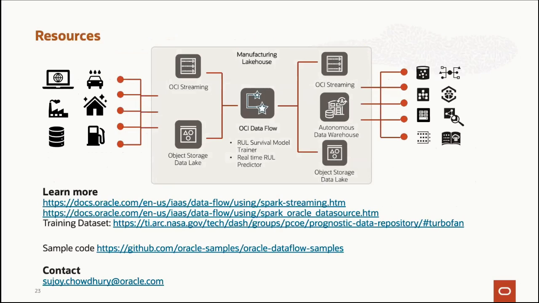We had a few questions on Data Flow and Golden Gate that I would like to touch first. So you have seen that Data Flow is a managed Spark service, serverless Spark as a service.